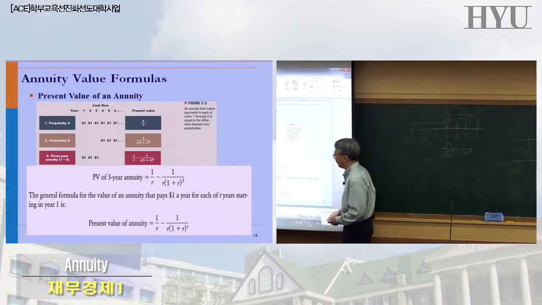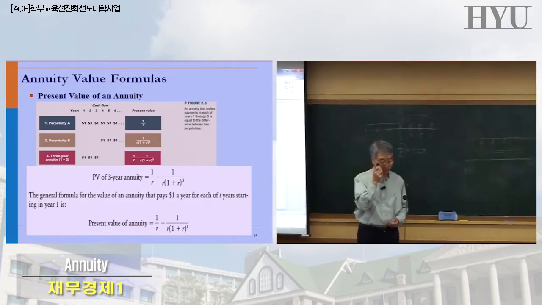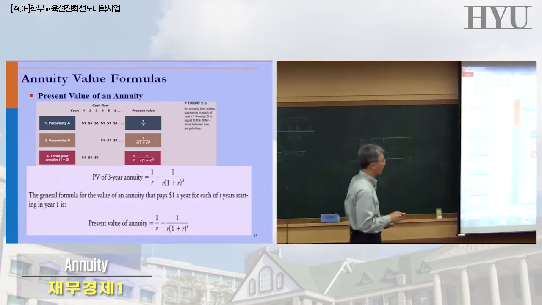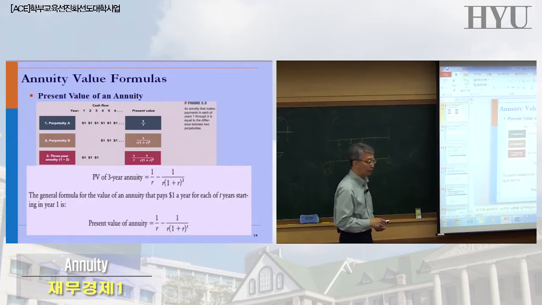So then we are ready to derive the value of an annuity. These two are perpetuities. Suppose we have an annuity which has a cash payment of $1 every period for 3 periods. That will be the difference between perpetuity A and perpetuity B. In other words, if you subtract one from the other, that should be the value of this limited, finite payment which qualifies as an annuity.